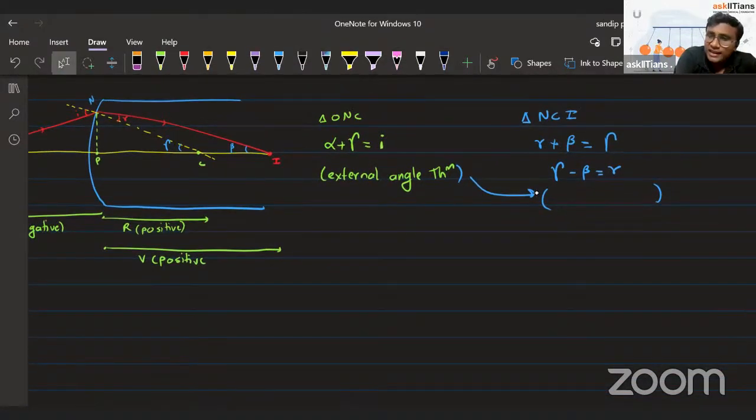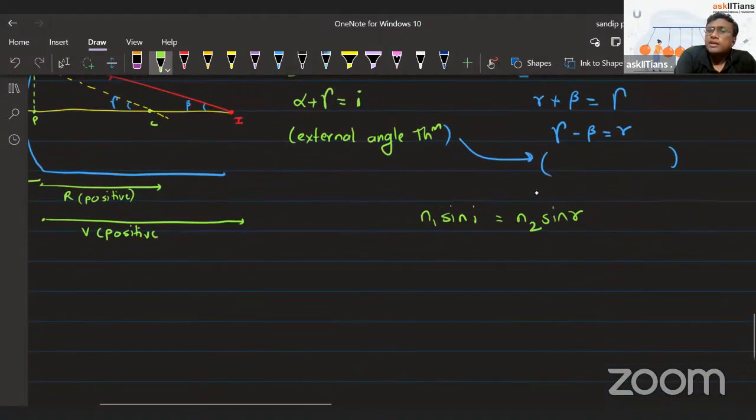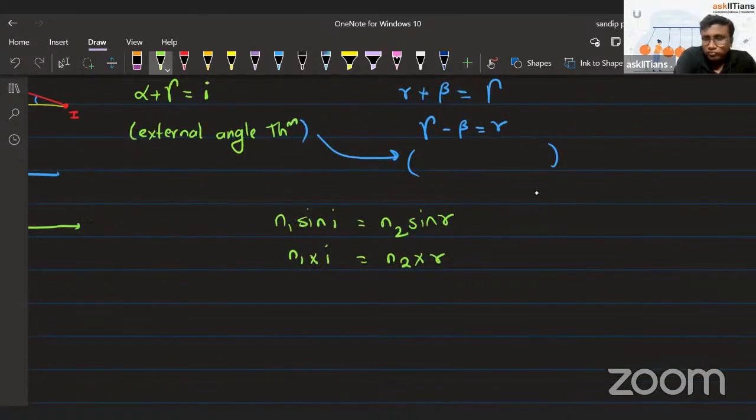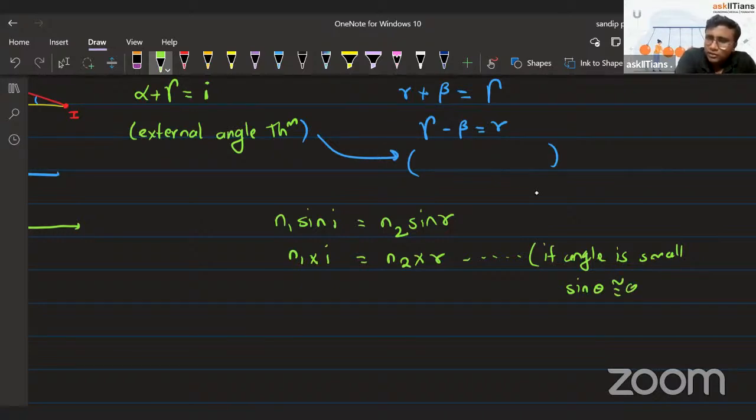After that, N1 sin I equals N2 sin R. This is our Snell's law. Or N1 I equals N2 R. The reason is, if the angle is small, we can say sin theta is approximately equal to theta.